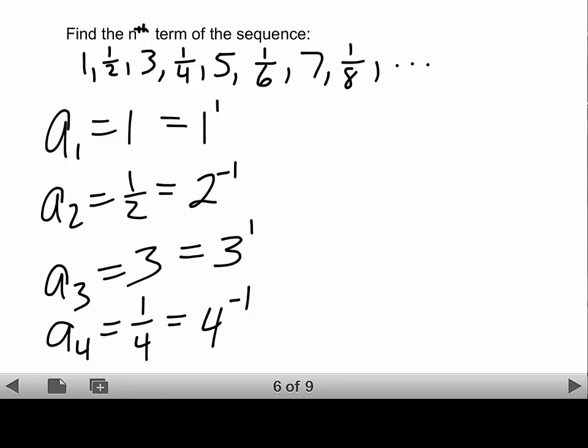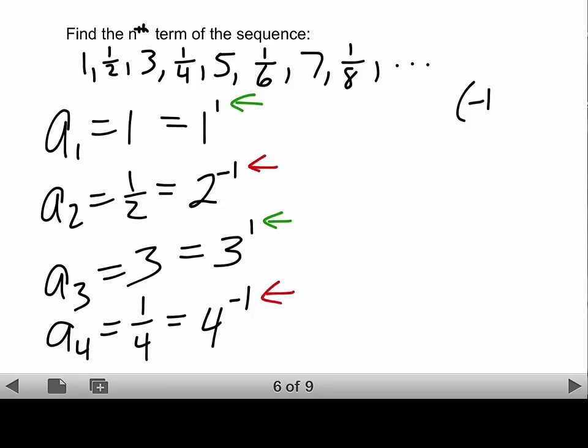In other words, I have exponents that are alternating in sign. 1 to the first power, 2 to the negative 1 power, 3 to the first power, 4 to the negative 1 power. Those exponents are alternating in sign. We may remember how we dealt with alternating signs.